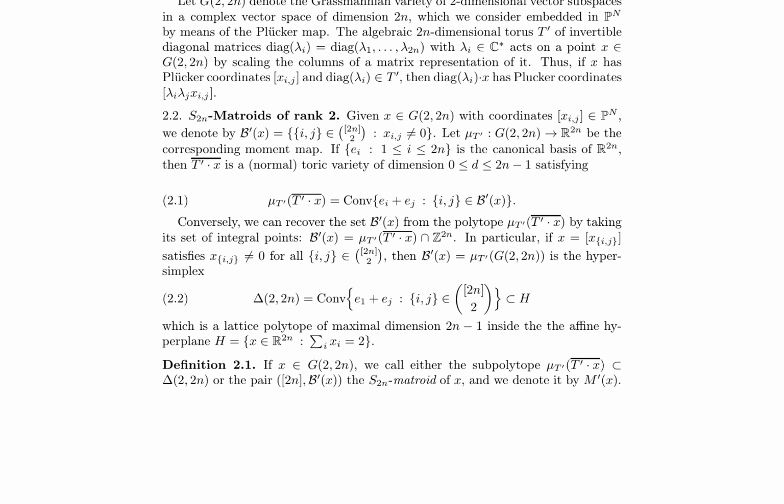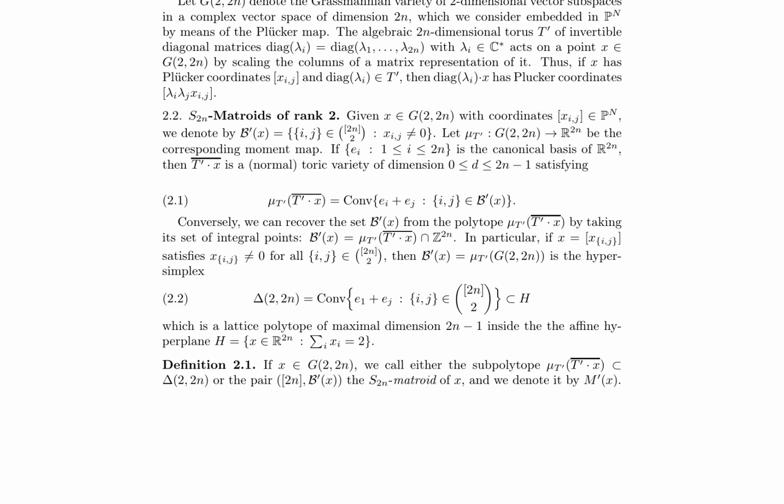In particular, if x equals (x_{i,j}) satisfies x_{i,j} not equal to 0 for all {i,j} in (2n choose 2), then the image of mu on G 2n is the hypersimplex Delta_{2,2n}, which is a lattice polytope of maximal dimension 2n minus 1 inside the affine hyperplane H, the set of x in R^2n with the sum of the x_i equal to 2.